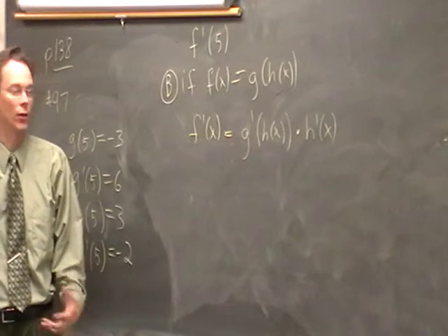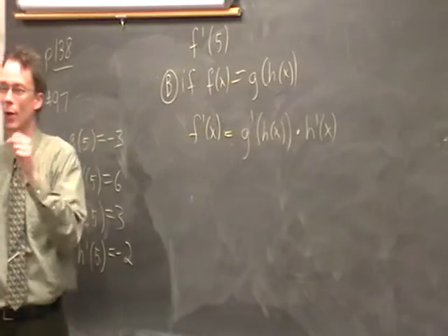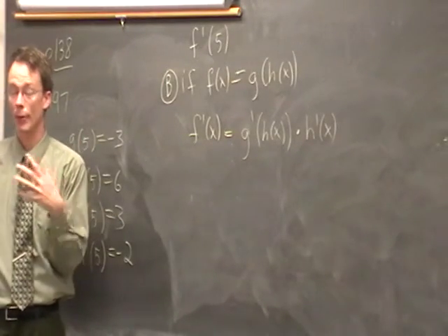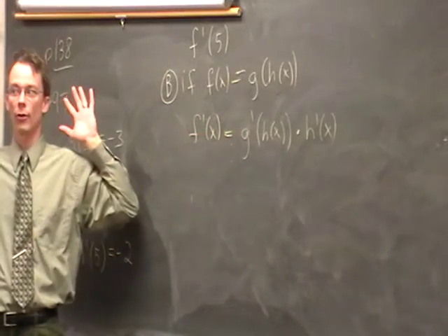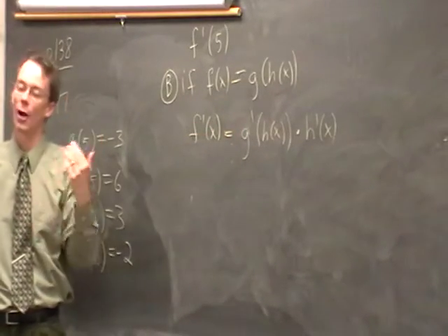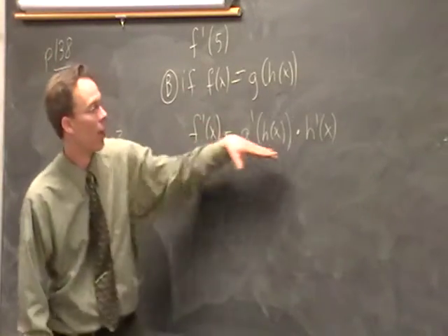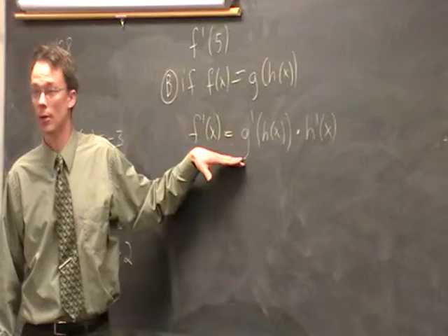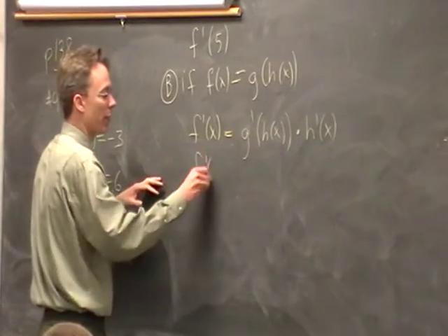Which is good and bad. It's good because you're fast. It's bad because maybe you forget what you're doing. So with chain rule, you do it enough, and you maybe stop thinking about what you're doing, and then they throw this at you. And you're like, oh, there's no numbers there. But what they want you to do is go back and think about what you're actually doing. So this is the very definition of the chain rule. All right.